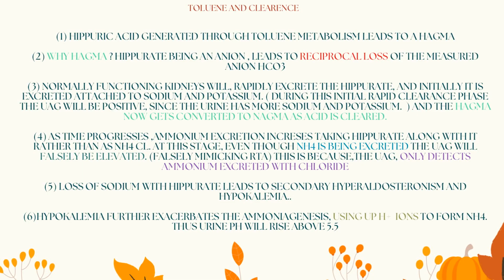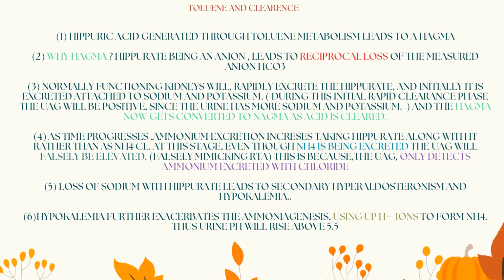Loss of sodium creates volume contracted states, activating the RAS with secondary hyperaldosteronism and thereby hypokalemia. This hypokalemia further exacerbates the ammoniagenesis, and this ammonia that comes into the urine mops up all the hydrogens that are available to form ammonium.